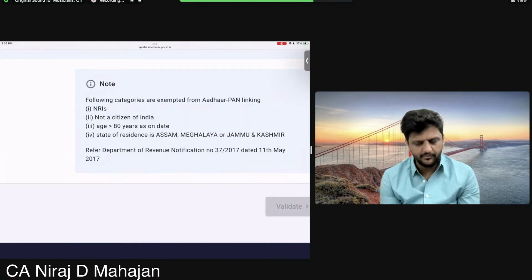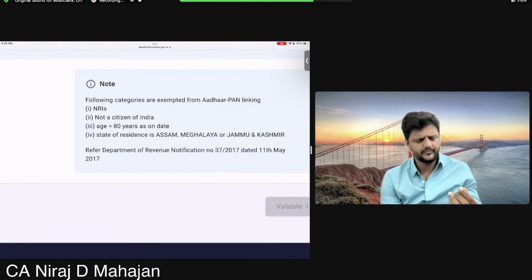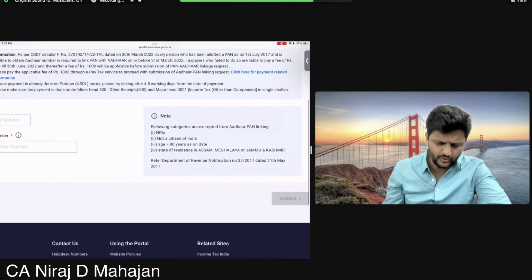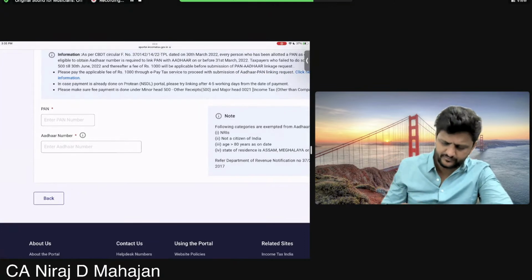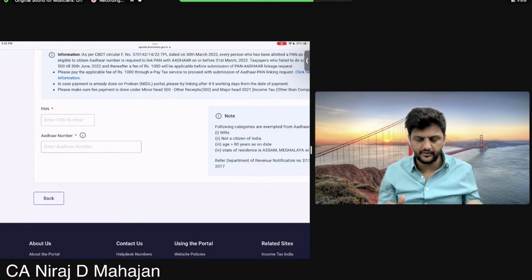Age 80 years and above, and state of residence in Assam, Meghalaya, and J&K. These are exempted from Aadhaar PAN linking. Clear, all of you? Enter PAN, enter Aadhaar. Best. So if you have PAN and Aadhaar but not linked, get it done.